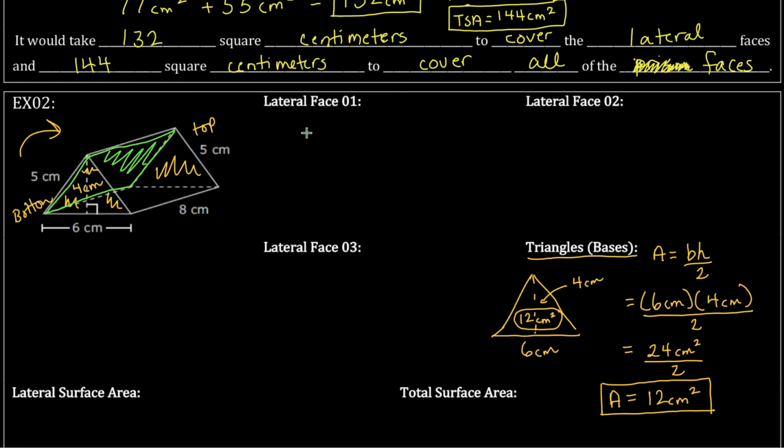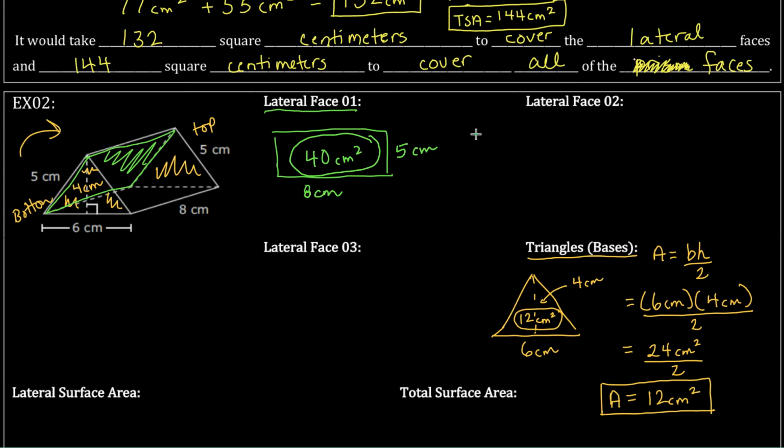So that is 8 centimeters by 5 centimeters. So base times height is 40 square centimeters. So the area is 40 square centimeters.